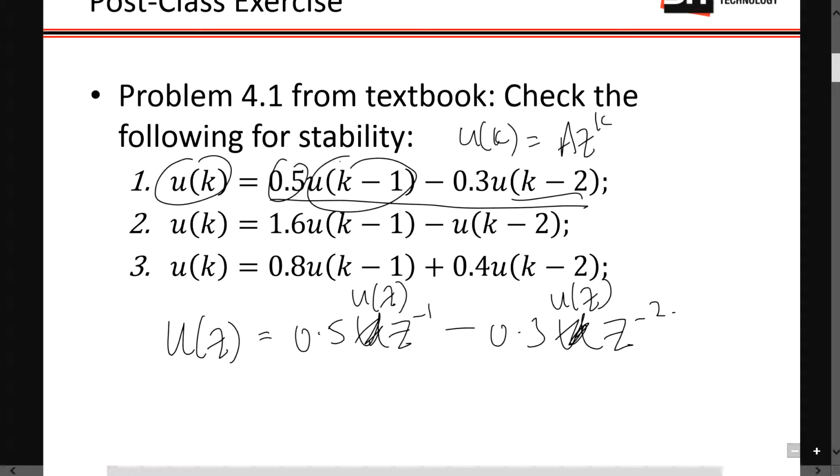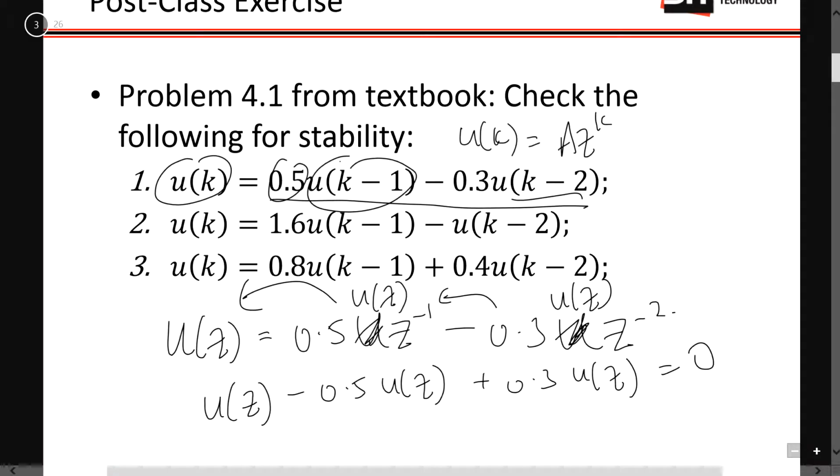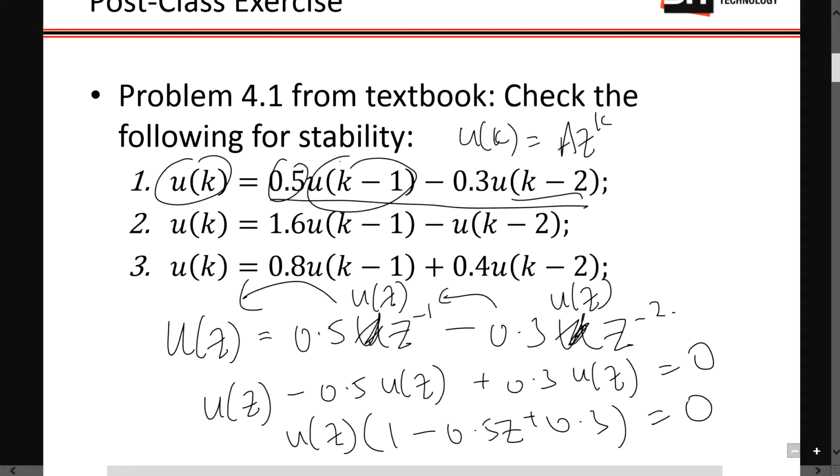Then I can simply bring everything over to the other side, to make it a quadratic equation equal to 0. Now I bring the U(z) out and factorize. Actually it should be z over here, and this is z squared. Sorry, I should have multiplied the z squared over here, because these are z^-1 and z^-2.